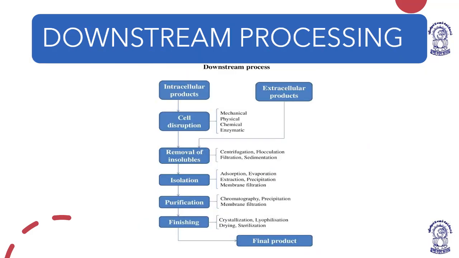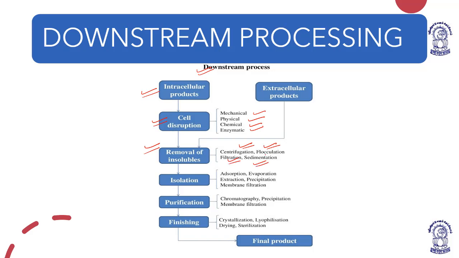Now coming to the next, this is the downstream processing. I have already written the different points in the previous slide. The downstream process involves intracellular products, which release different types of enzymes after mechanical, physical, chemical or enzymatic disruption. The removal of insoluble and soluble waste is done by centrifugation, flocculation, filtration, or sedimentation.